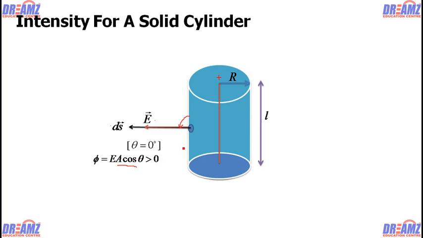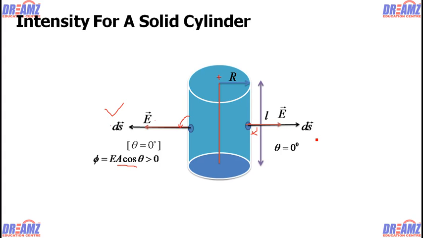Now if we consider this surface, we are again considering a very small surface here. So this is the area vector, the ds vector, and it is also perpendicular to the surface. And if the intensity is a vector, then this will again be the direction of intensity, and it is again perpendicular to the surface. So similar to this side, here also the two vectors, E vector and ds vector, are in the same direction.